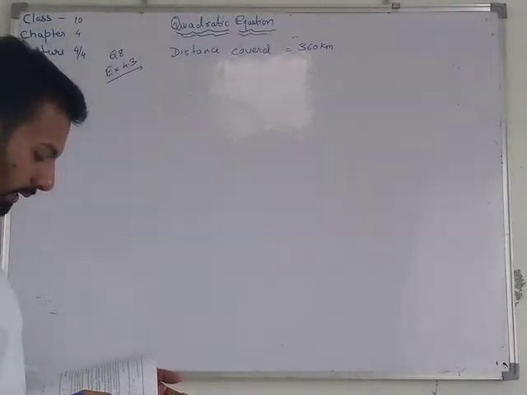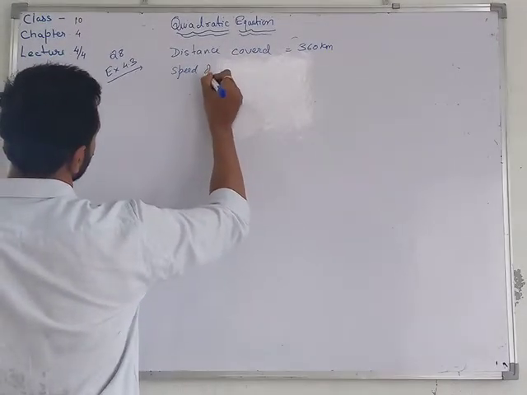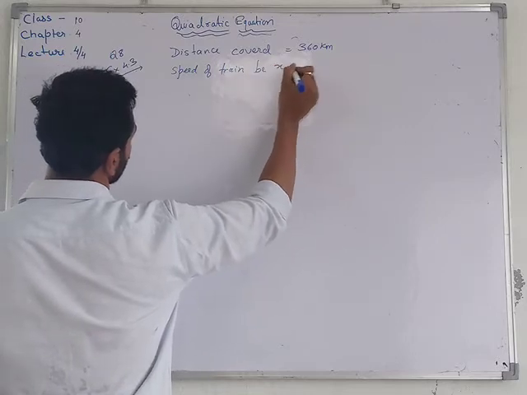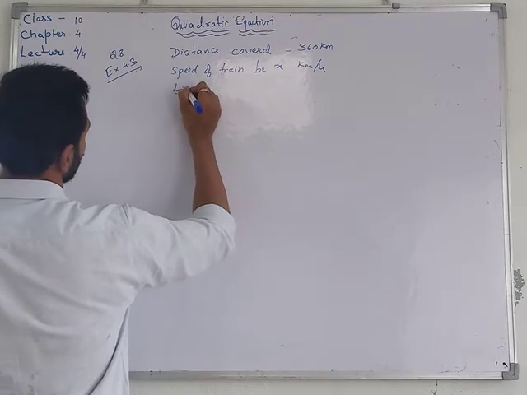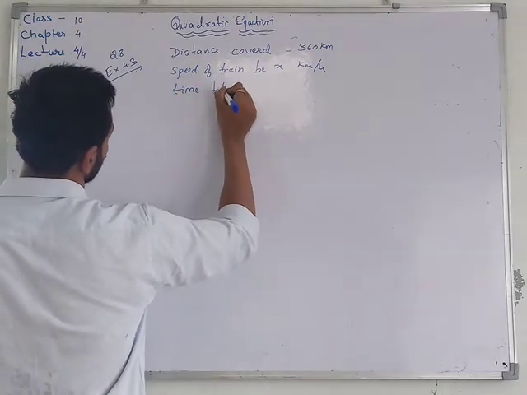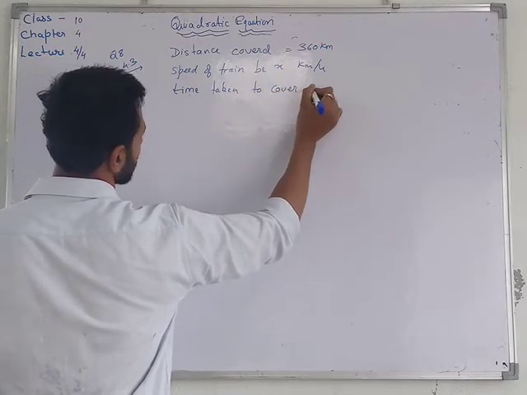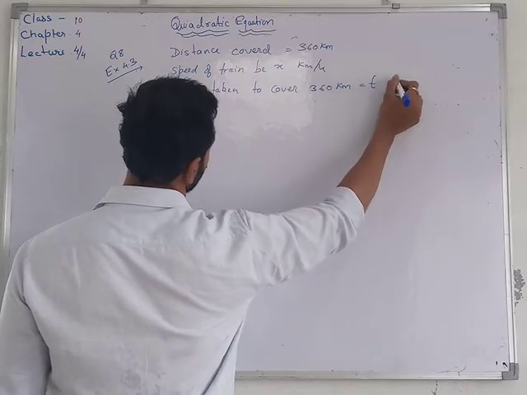Let the speed of the train be x kilometer per hour. Time taken to cover 360 km is t hours.